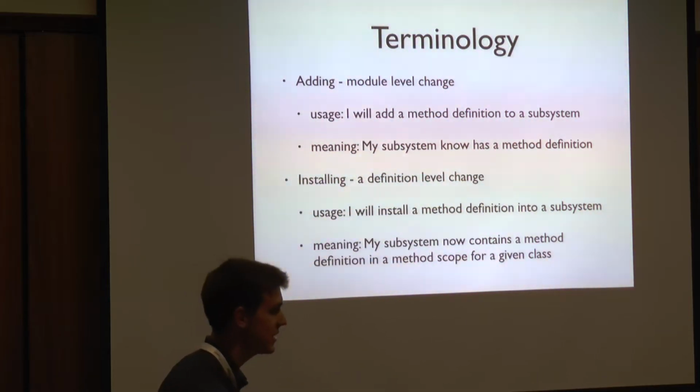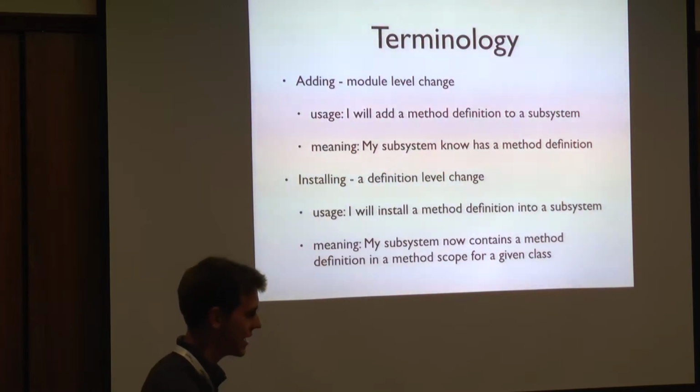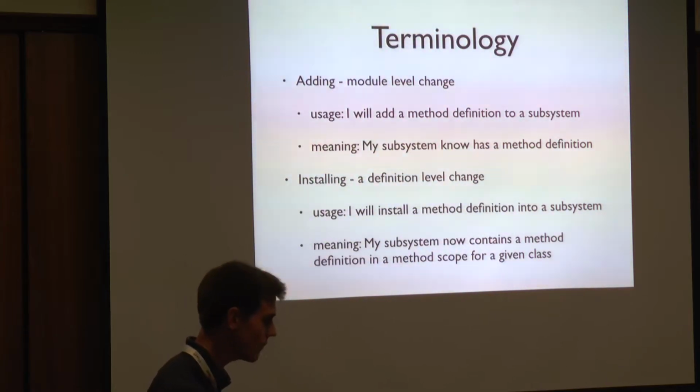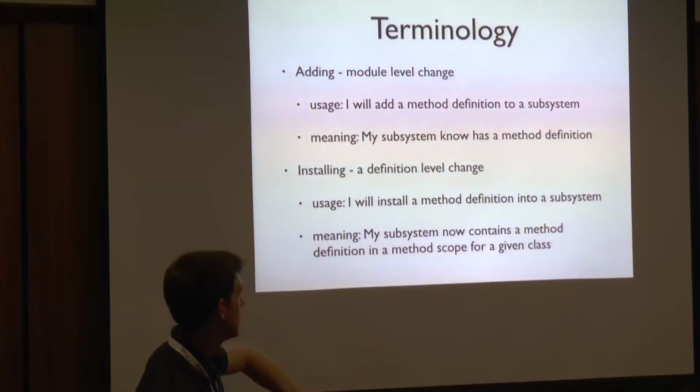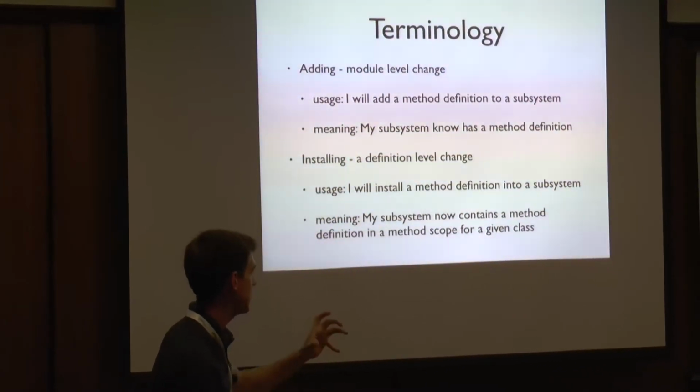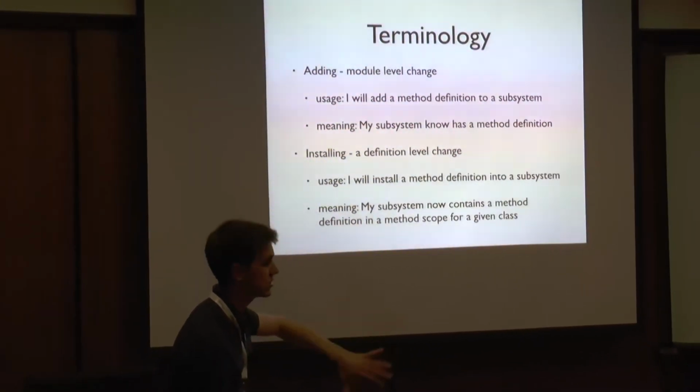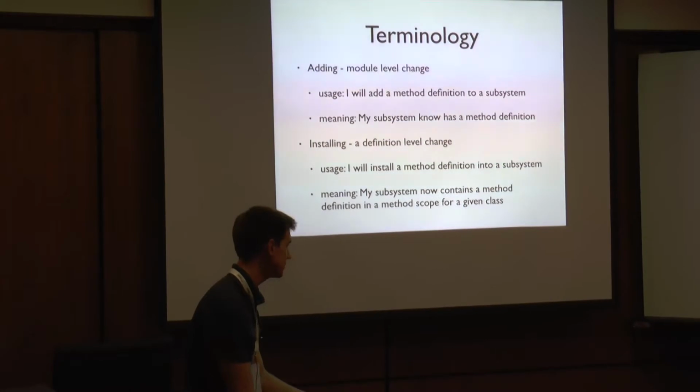For example, I'm going to add a class definition to a subsystem, which means that the subsystem specification is going to change, and that's a module-level change. In your tools, when you add a definition, the subsystem then knows about the definition, and the module is changed into a specification.